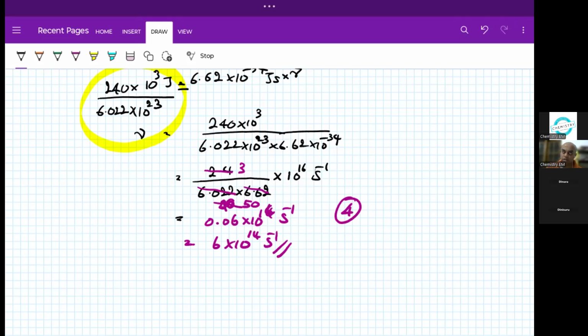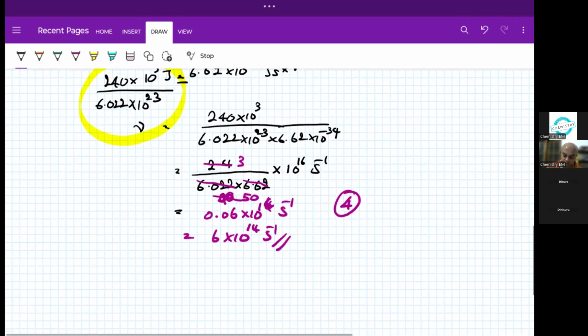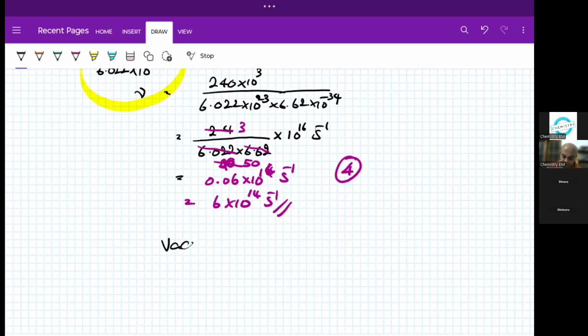Now, C, or 3 into 10 to the power 8, means the speed of electromagnetic waves in a vacuum. But is a cathode ray tube a vacuum? It is closer to a vacuum.